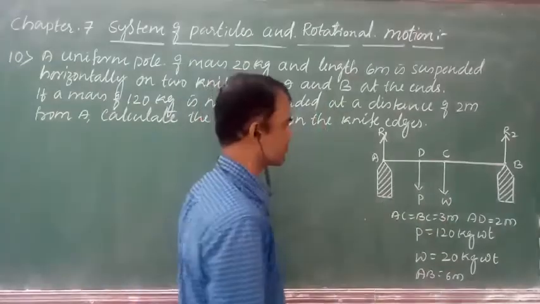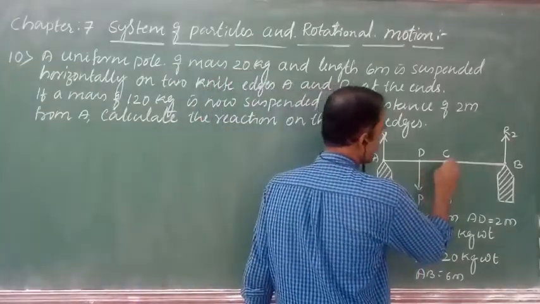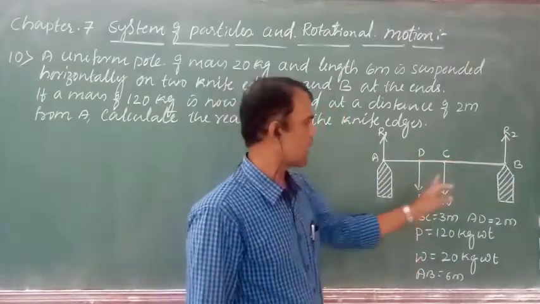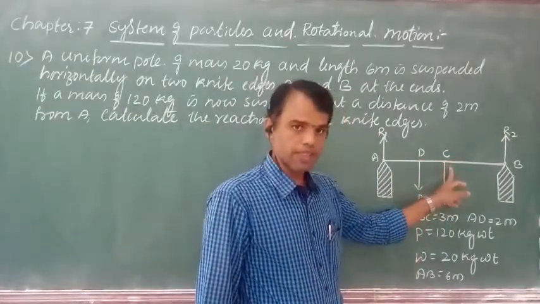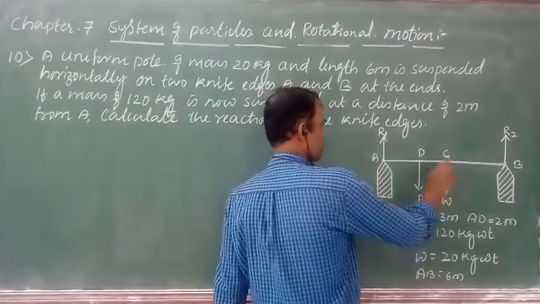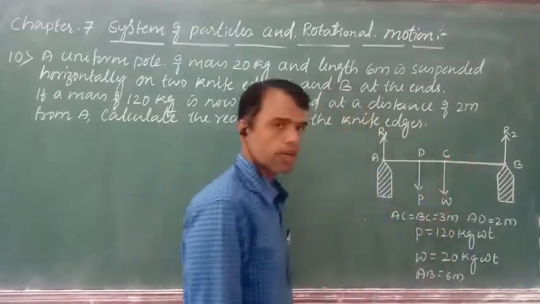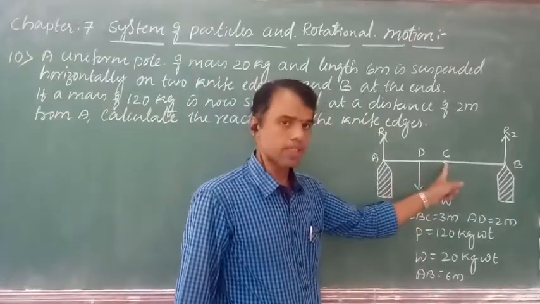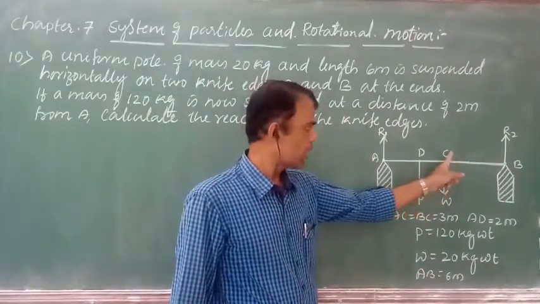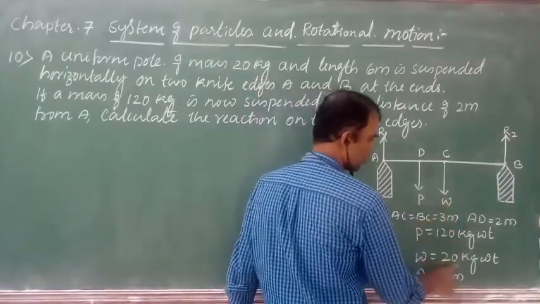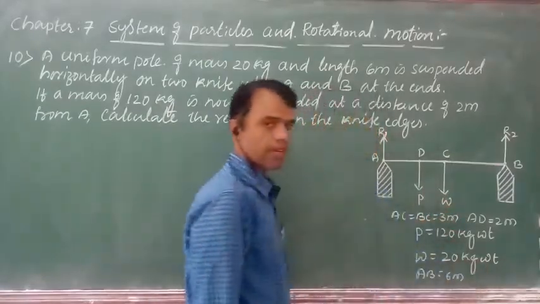We can write that in terms of kg weight because weight is a force. We know that the entire mass of this pole acts at its geometric center. So this weight acts vertically downward at the center of the pole, which I marked as C, W equal to 20 kg weight.